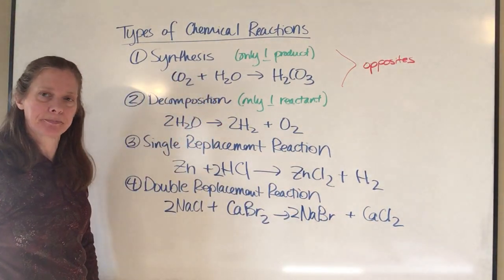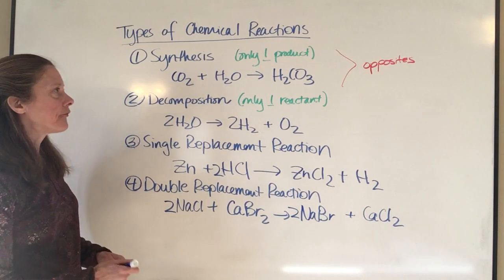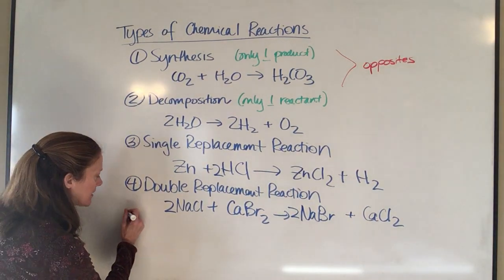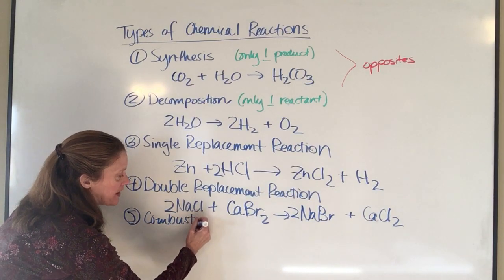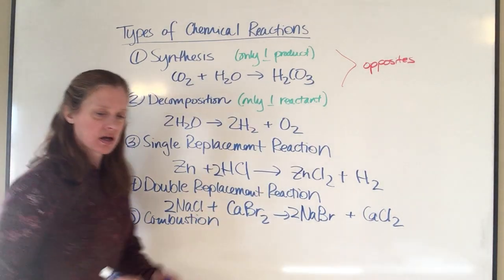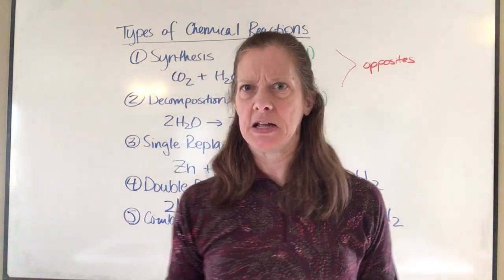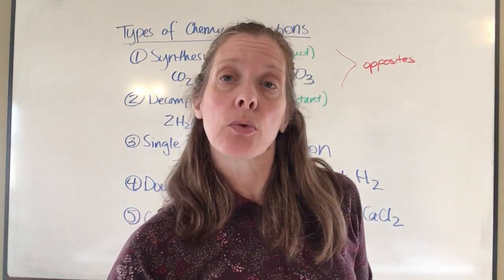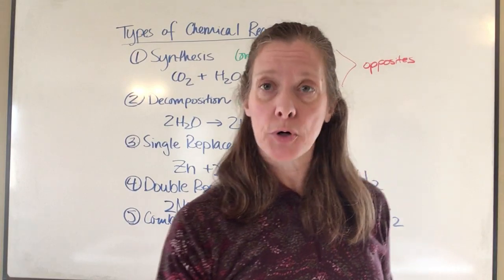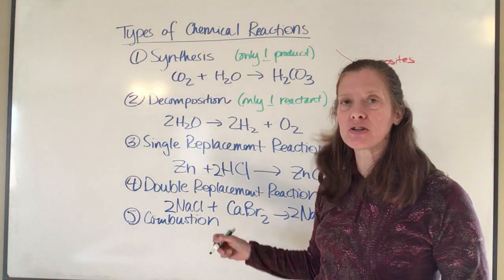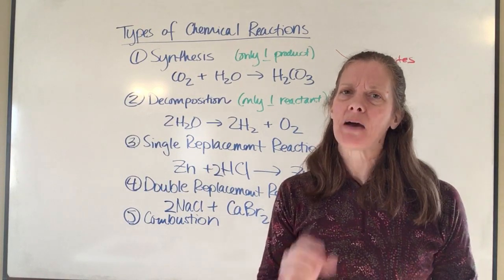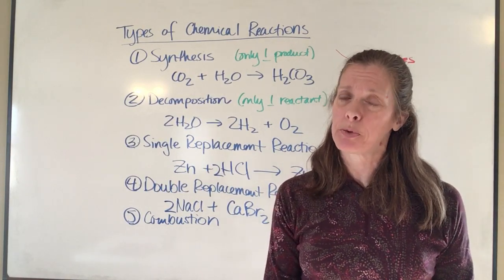Okay, double replacement. And finally, the last type of reaction is a combustion reaction. A lot of times we think of combustion as meaning fire, and a lot of times it is a fire. We think of fuels burning. So with a combustion, what absolutely do you have to have in order for a fire to take place?